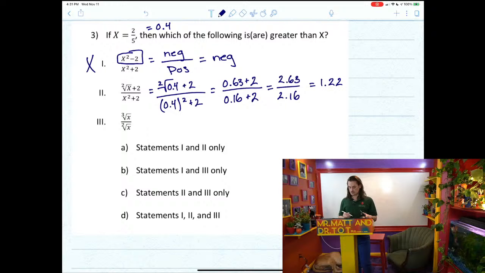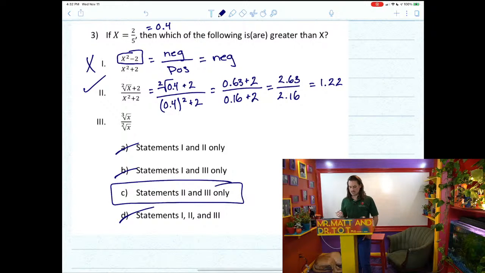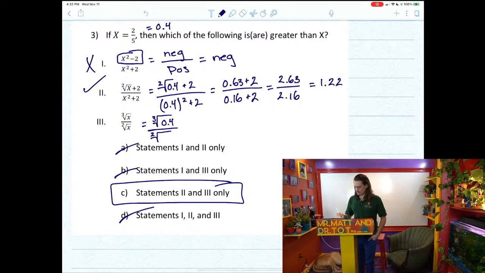So that's true. So every answer selection that has 2 but does not have 1, I can eliminate. And so I know that the answer actually has to be C now, but let's just go ahead and evaluate. So we're going to have the third root of 0.4 divided by the square root of 0.4.